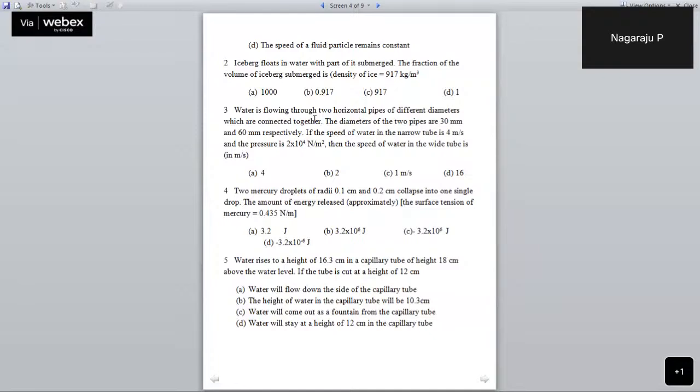So further, 4 by 3, you can cancel it in the left hand side as well as in the right hand side. You have R cube equal to r1 cube plus r2 cube. And as I told you already, you can take it as 1 into 10 raised to minus 3 whole cube plus 2 into 10 raised to minus 3 whole cube, which you can write as almost equal to 1 plus 8, 2 cube, into 10 raised to minus 9.